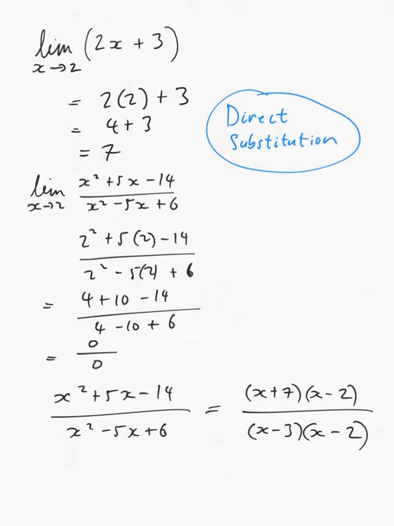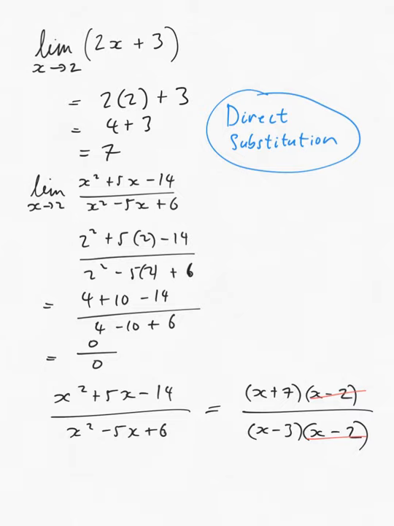So looking at this, if I ignore the point where x is equal to 2, because I'm only looking for a limit as we approach that point, then I can cancel these two terms. Divide top and bottom by x minus 2. And so I'm left then with just x plus 7 divided by x minus 3.